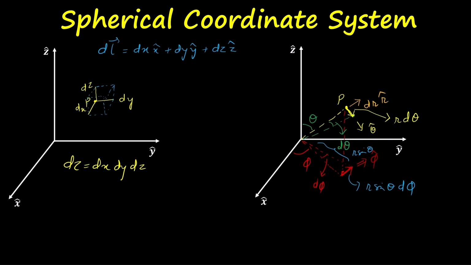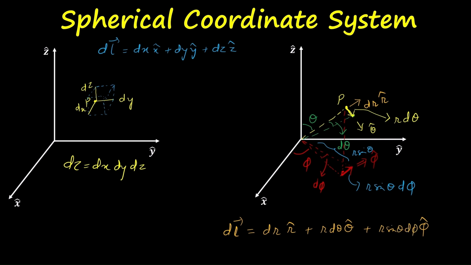Now, using this three information, we can write the small increment as: along r cap it is dr, then along theta cap it is r d theta, and along phi cap it is r sine theta d phi.